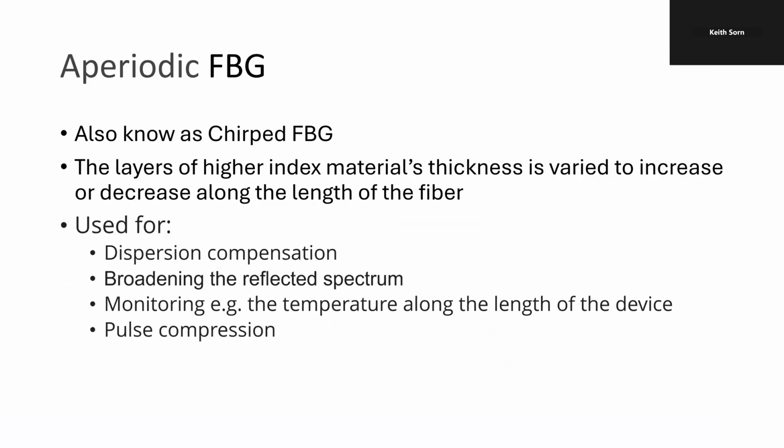All right, an aperiodic fiber Bragg grating. It's also known as a chirped grating. Okay, the higher index layers' thickness is varied to increase or decrease along the length of the fiber.